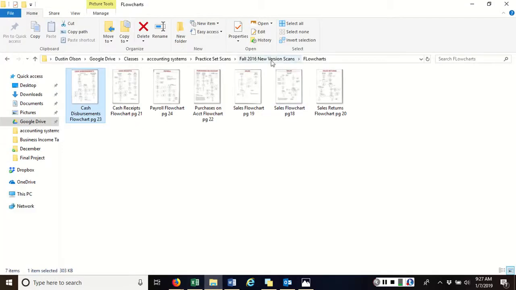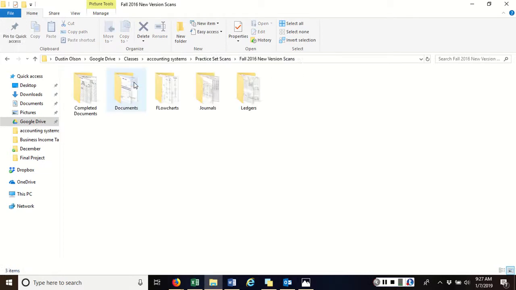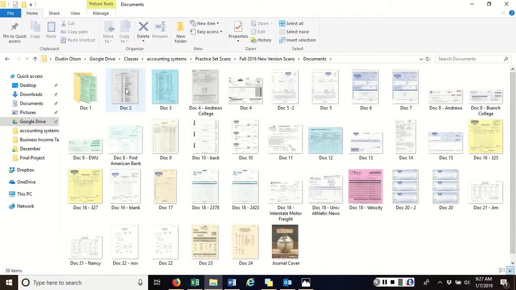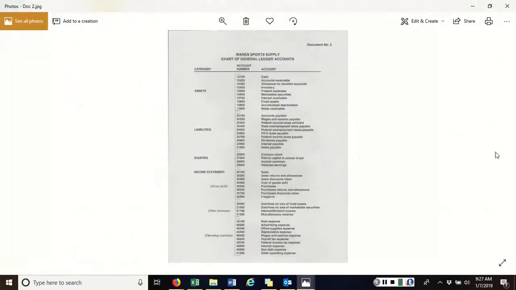Well, now we would have to see what our chart of accounts is. Chart of accounts for this company. So you'd go within your Systems Understanding Aid packet and find document number 2. So document number 2, your chart of accounts, is going to list everything in your general ledger that you could possibly use to make an accounting transaction.